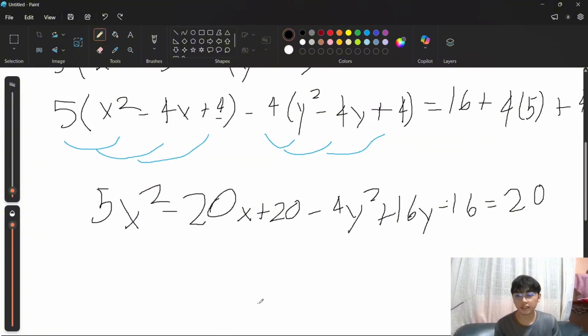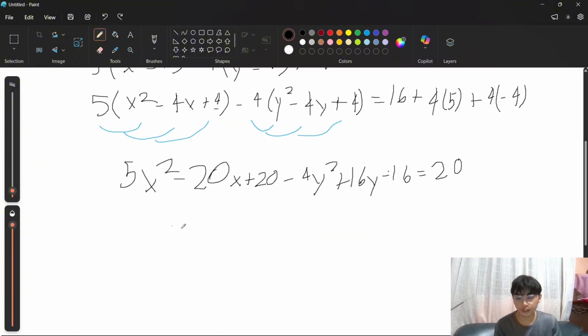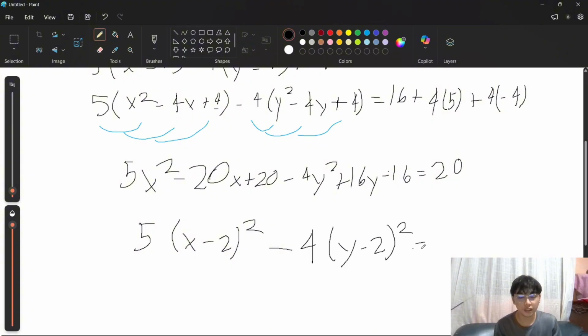So next step, we again get the common factor, so this will be 5 quantity of x minus 2 squared minus 4 quantity of y minus 2 squared is equal to 20.